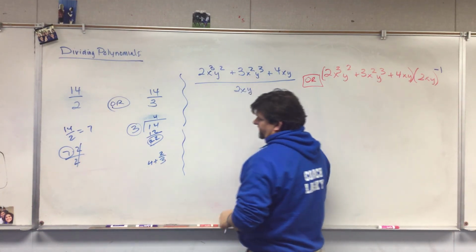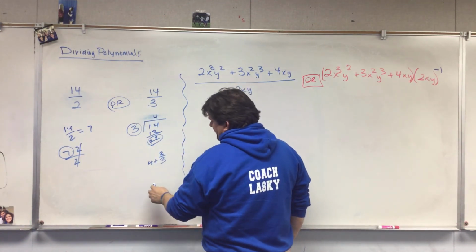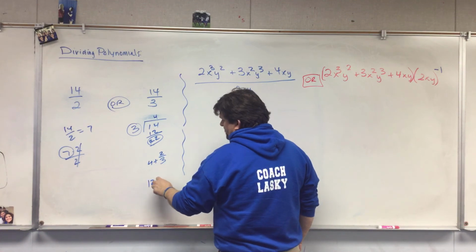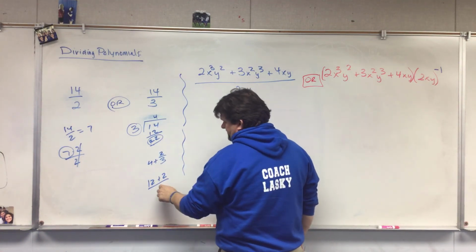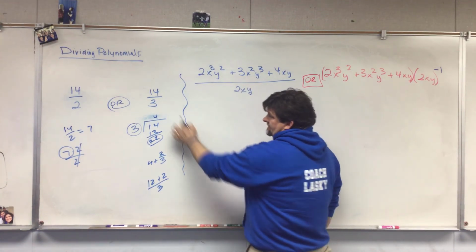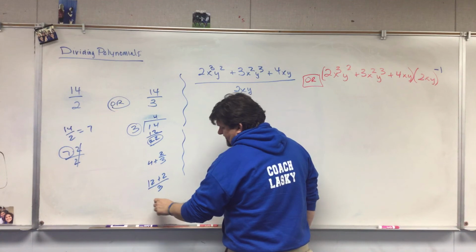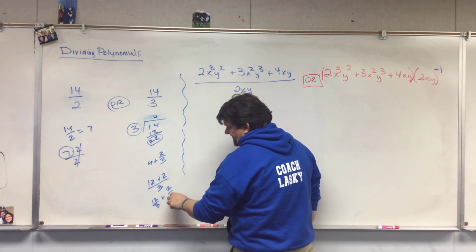There's 2 left over. So what we really did on this one is we factored it out and we said, okay, well, 12 plus 2 is the same as 14, right? Then, since there's a common denominator, we did 12 divided by 3 plus 2 divided by 3.